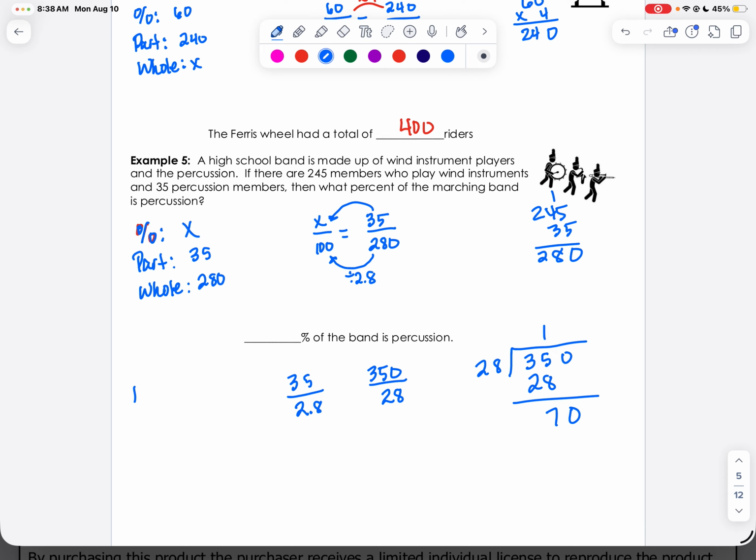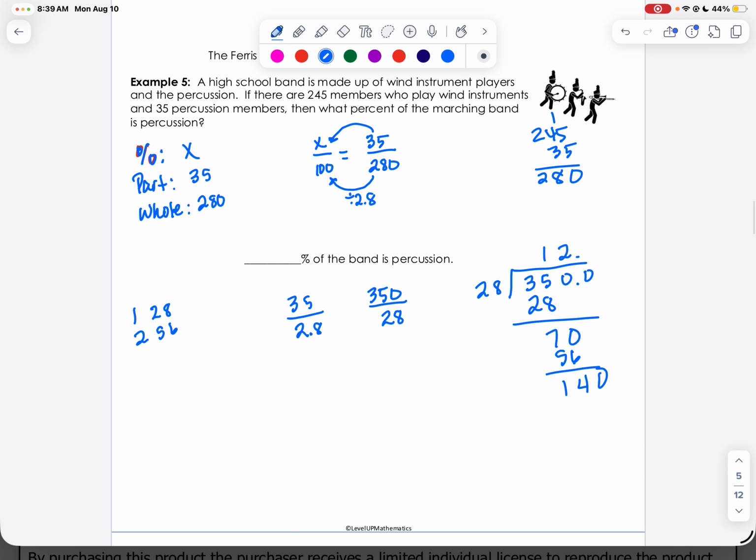Let's see, 1 times 28. 2 would be 56. So I'm going to say it goes in 2 times. Then if I subtract that, I get 14. I'm going to have to add a decimal and bring down a 0. So let's see. If I doubled 56, doubled the 2 to get 4, doubled the 56, that would be 112.